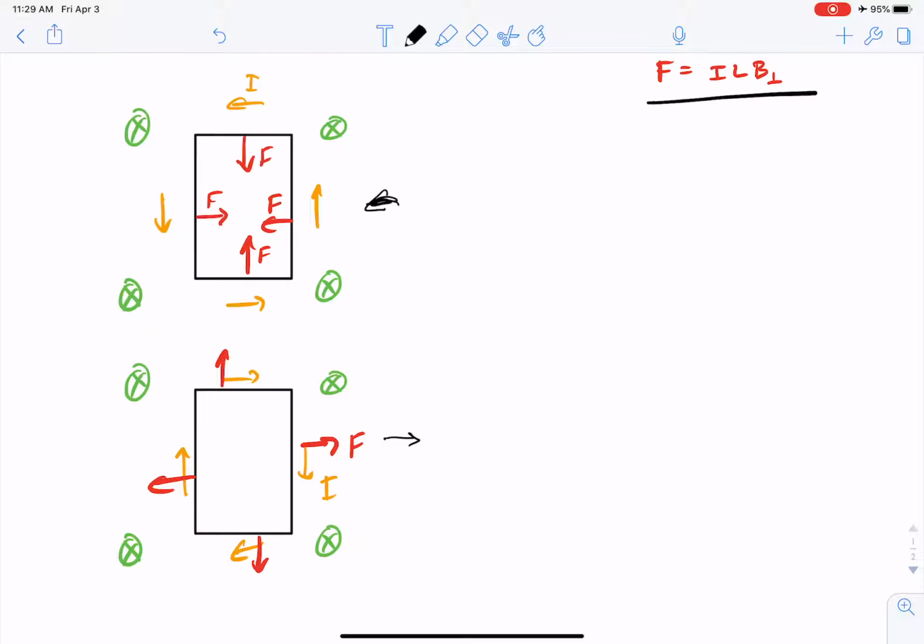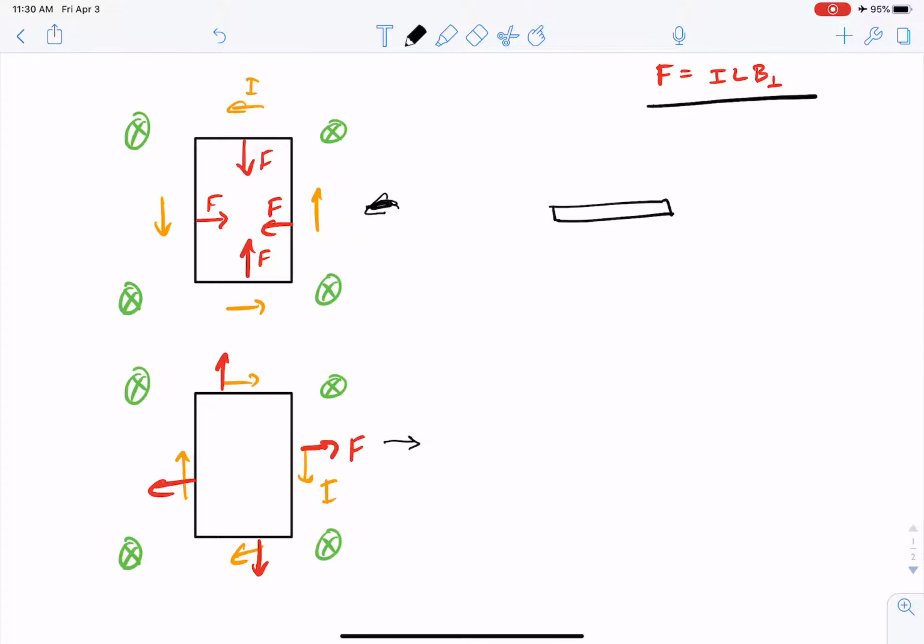If you think about it, in this one, those two forces are balanced. That's true. But if that loop shifts a little bit, let's draw it like this. There's our loop from the side. So we flipped this thing up this way, so we're just seeing this lower edge.